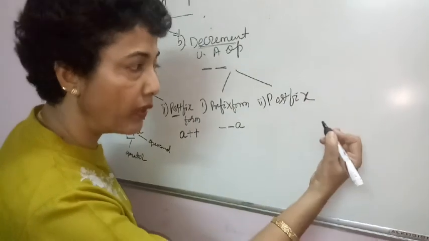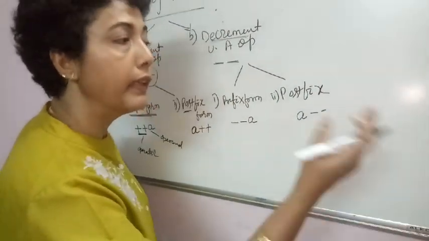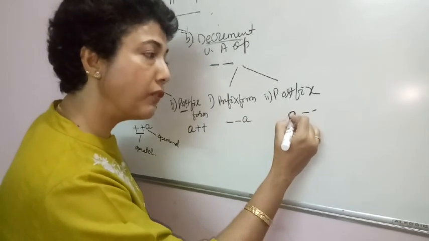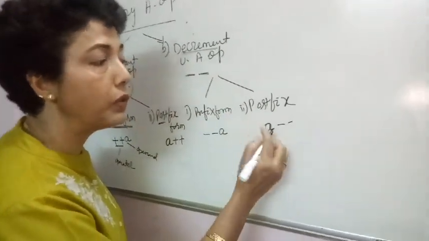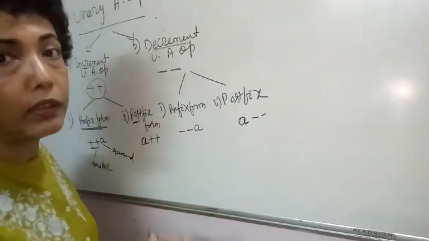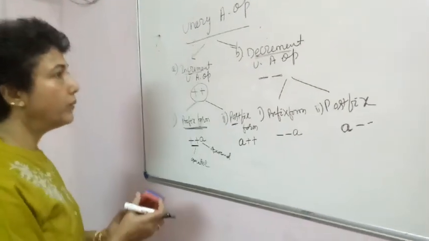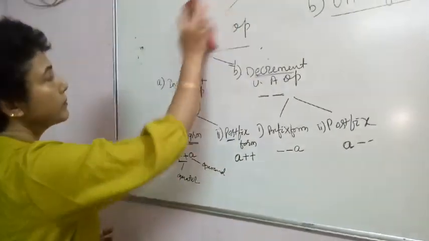Whereas in postfix form, this will appear after the operand. That is why first the recent existing value of the operand will be taken for calculation, and then the value will change. Now, this I will explain to you with some example.